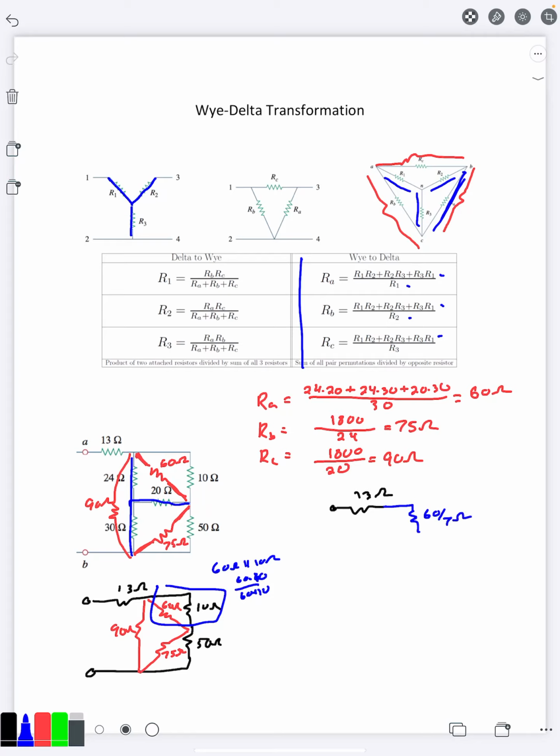And then if I do the same thing for this bottom one, I have 75 and 50. That's 75 times 50 over 75 plus 50. That works out to be a 30 ohm resistor. And then we have this one here is 90 ohm.